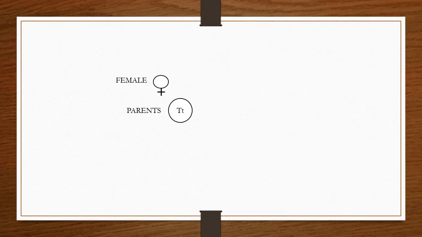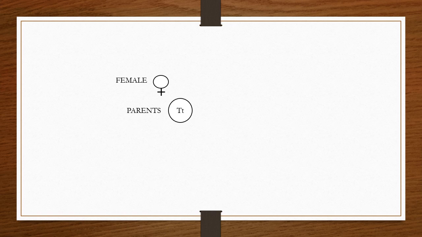So here it is. A female parent, that is with capital T, small t. Already we are saying that it is also said in another way. In that, we are taking the F1 individuals.